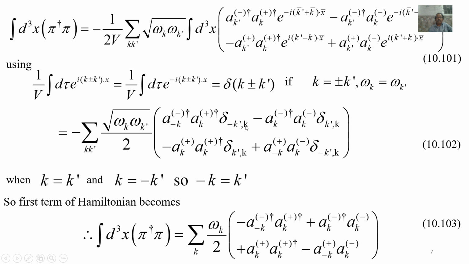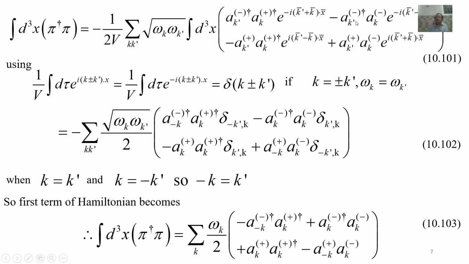So in this first term, wherever you find k prime, you have to substitute minus k, since k equals minus k prime. So the first term becomes a minus k minus dagger a k plus dagger delta of minus k prime comma k. When you go for the second term, it clearly says that k prime equals k, so wherever you find k prime, you substitute k.